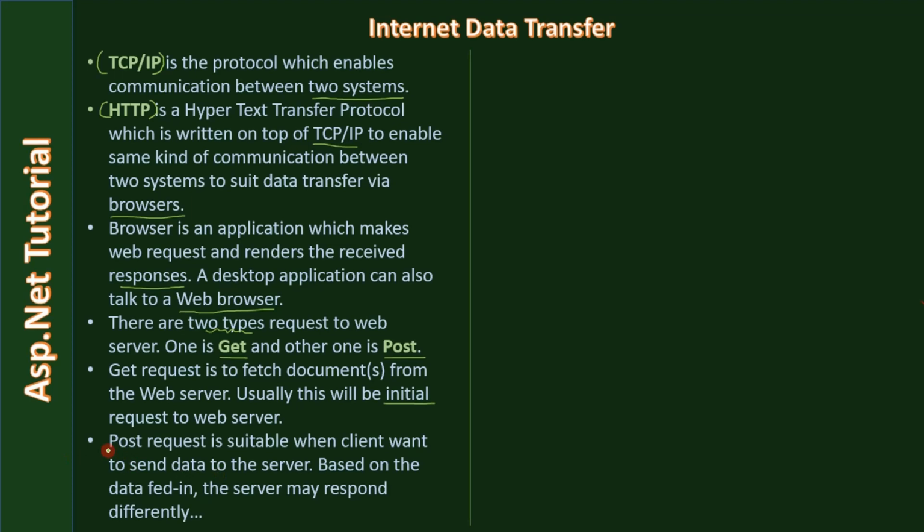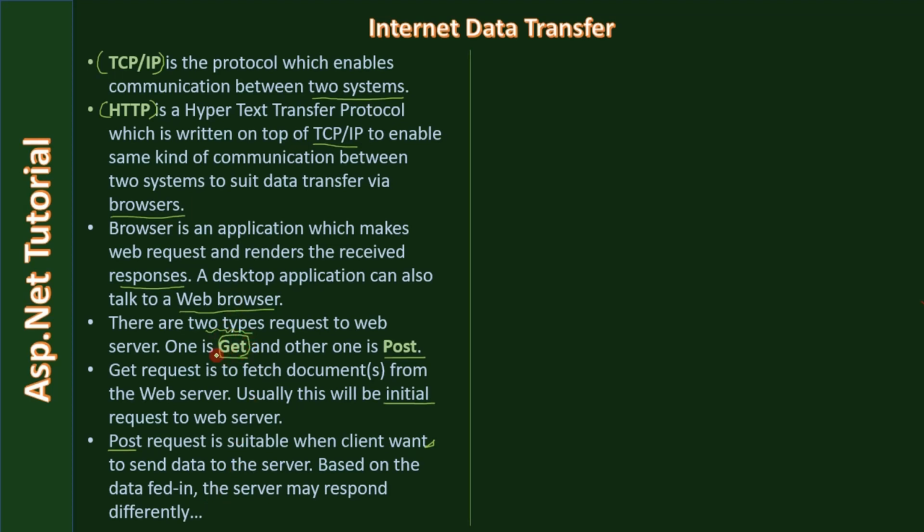The other one is the POST request, and the POST request is suitable when the web client wants to send data to the server. Based on the data fed in, the server may respond differently. The GET response will be constant.